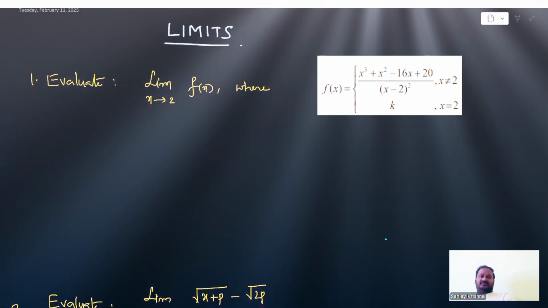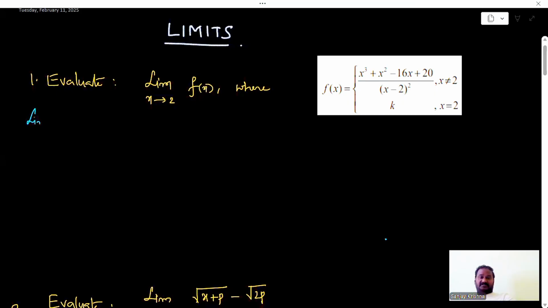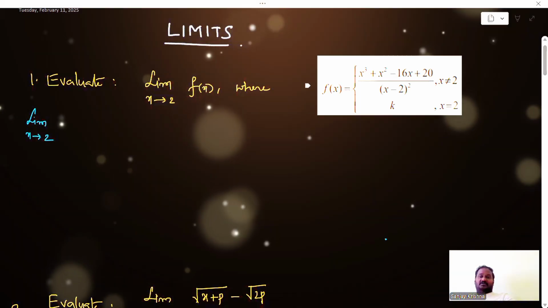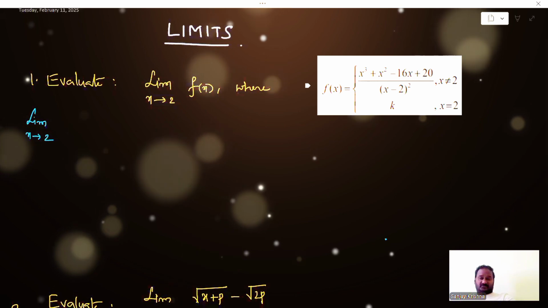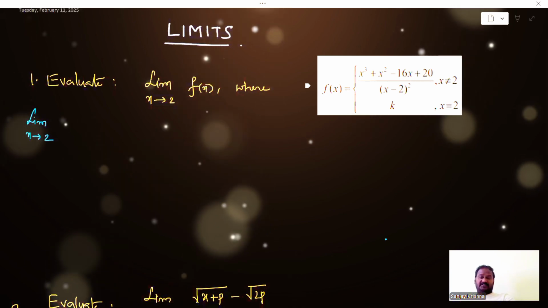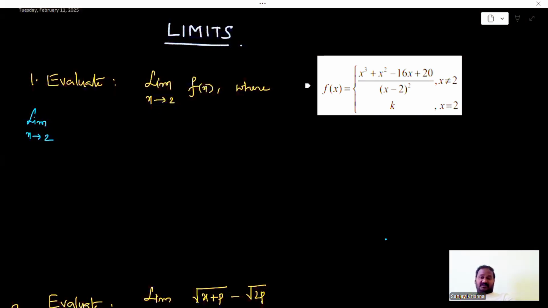Whenever you find the limit of a function, the very first thing you have to do is substitute the value x is equal to 2 in (x cube plus x square minus 16x plus 20) by (x minus 2) whole square. Substitution is how you check whether the left hand limit and right hand limit coincide, and you are not supposed to get an indeterminate form. What do you mean by indeterminate form?